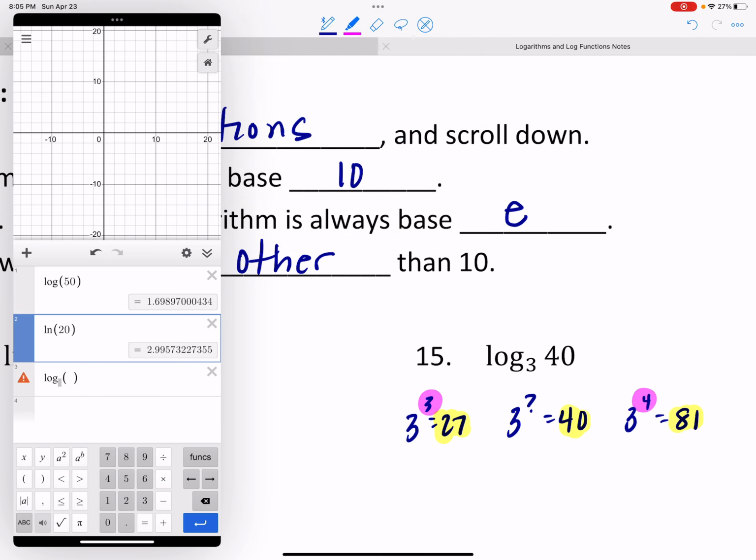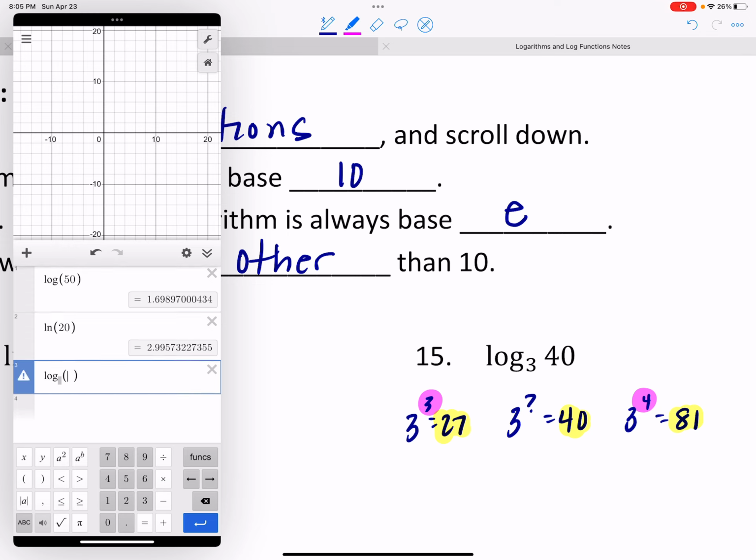So I know it's a decimal between 3 and 4. Again, later when I'm solving, that's helpful information. That's probably going to be enough information, but for the purposes of this lesson, if you wanted to evaluate this, you'd use that third button where you can change the base to a base of, okay, let's get the cursor in there.